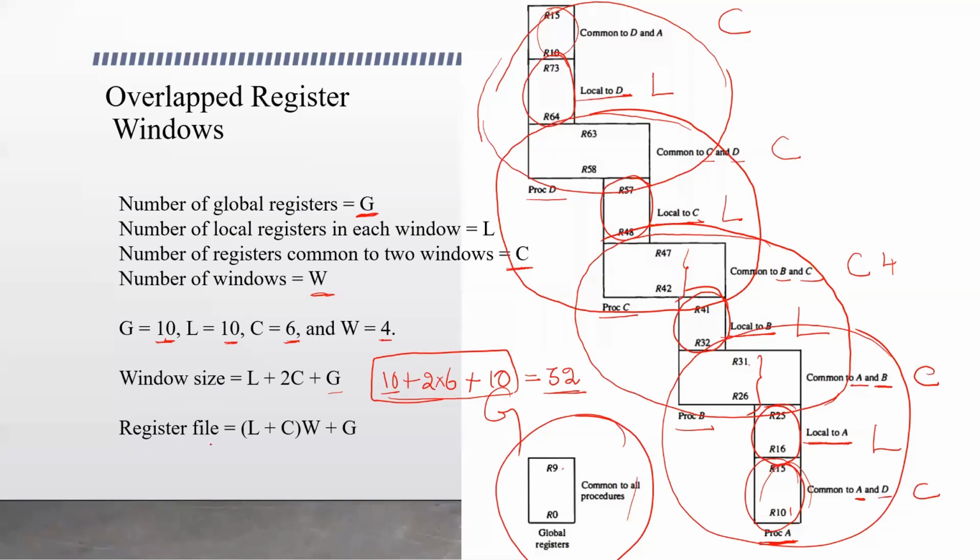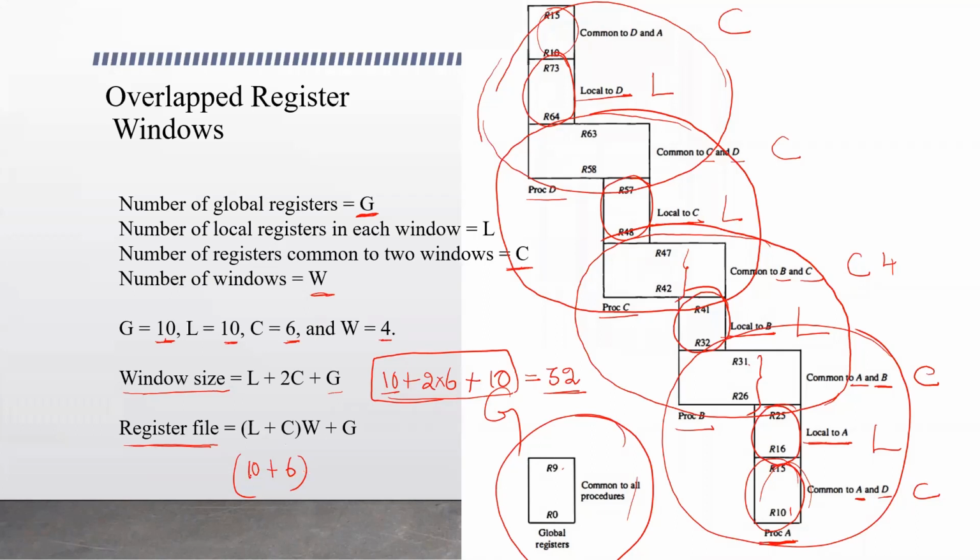And the register file means the total number of registers available. The total number of registers is all local registers plus common registers plus the global registers. So it is (L plus C) into W. L is 10 plus C is 6, multiplied by 4 because we have 4 windows. Every window has 10 local and 6 common registers.